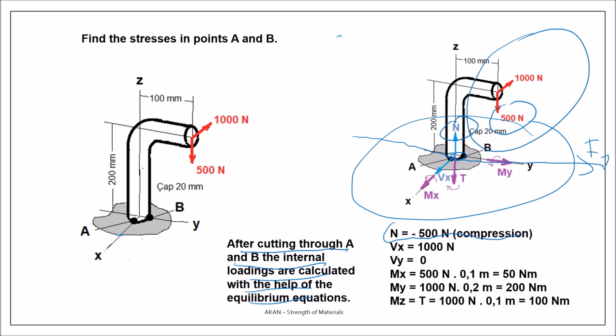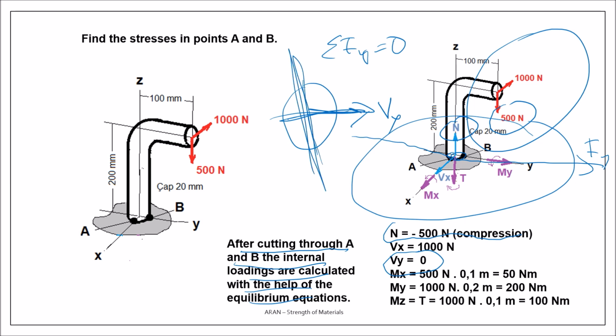No. Sigma Fy equals 0 gives you that Vy, the shear force in the y direction, is 0 because there is no external load. But in the x direction, if you write sigma Fx equal to 0, you find that Vx is 1000.